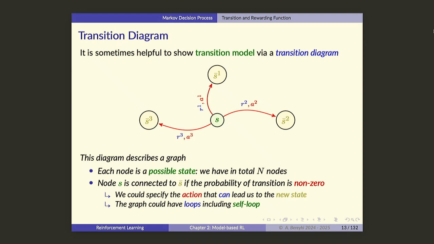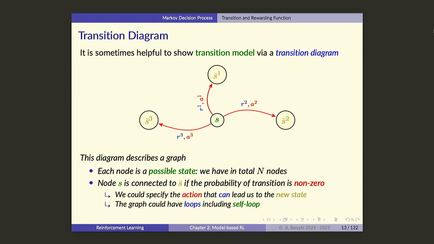This is what we call the transition diagram. It is sometimes much easier to represent everything in this form. Say, for instance, I have 4 different states: state 1, state 2, state 3, and the state S. When I am in a particular state, depending on the kind of action that I do, say I do action 1, then I'm going to change from this state to another one.